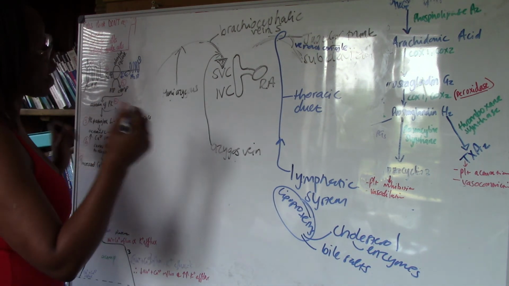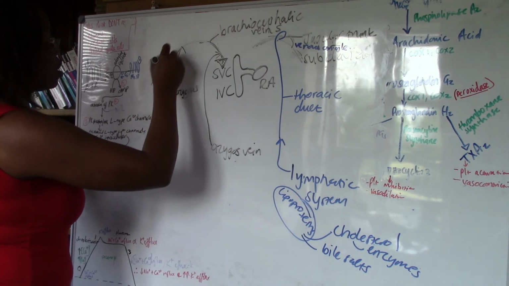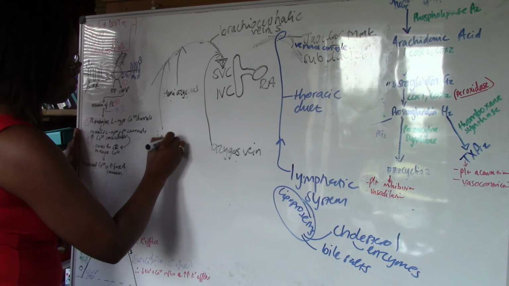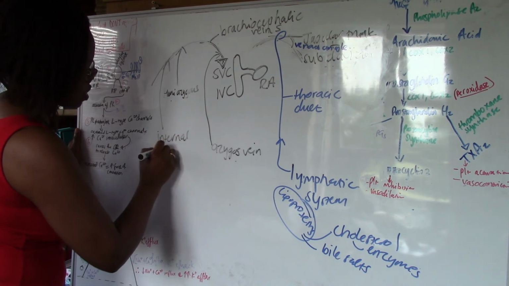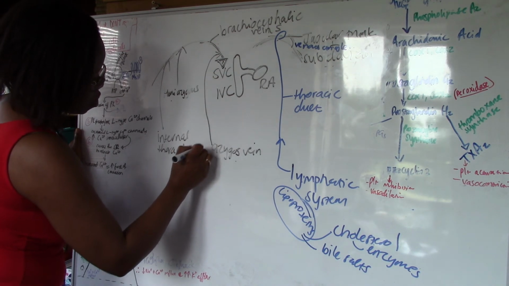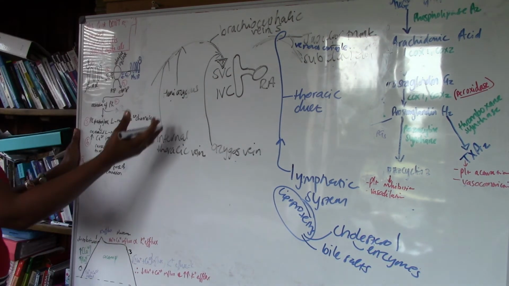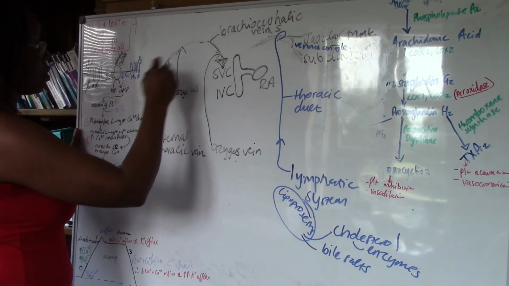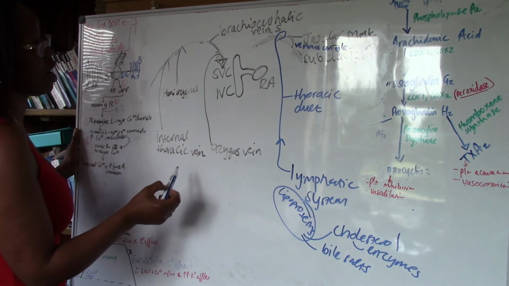We will also have the normal internal thoracic veins, which again accompany the internal thoracic artery. So we will have those joining into the brachiocephalic.